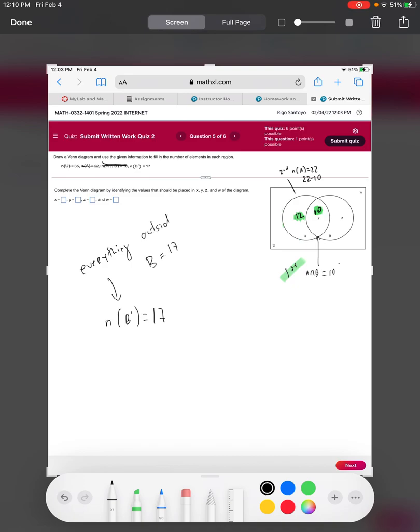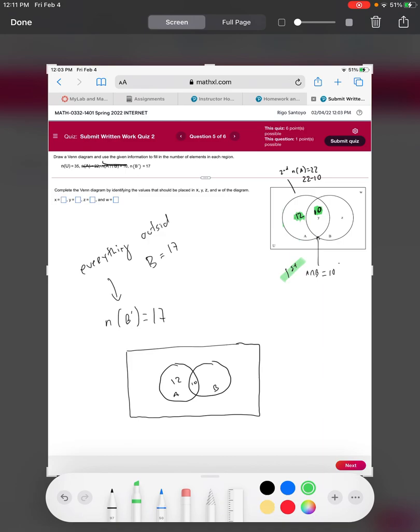is 17. So if we were to look at this Venn diagram again, we have A, we have B. We already know these two numbers. What this tells us is everything outside of B, everything in yellow, is 17.